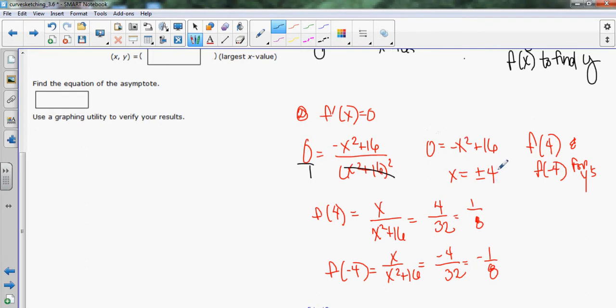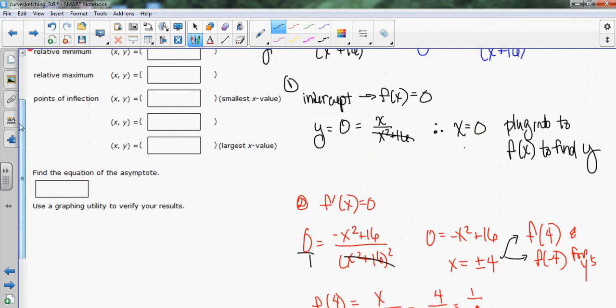You have x at positive or negative 4. Again, take those, plug them back into the original f of x. So I have 4 over 16 plus 16, a 1/8. Then a negative 4, that negative will square out, so it's still 16 plus 16, and I have a negative 1/8. So those are where my mins or my max are.